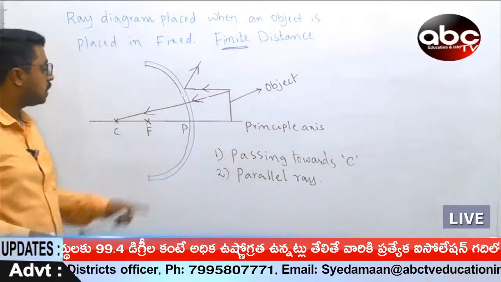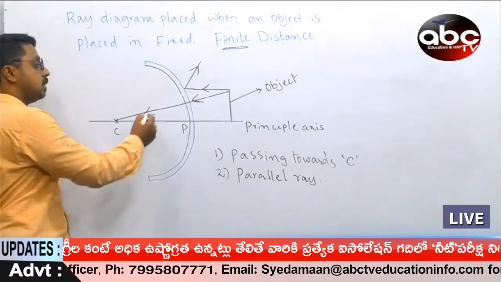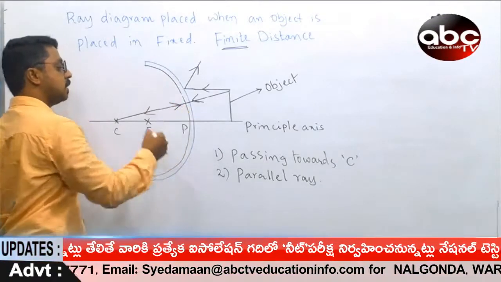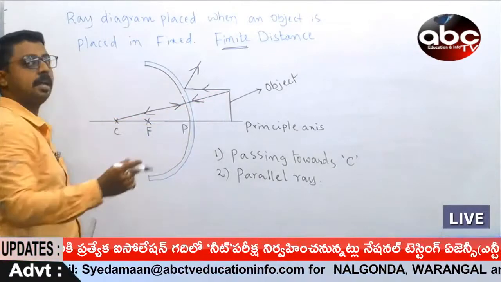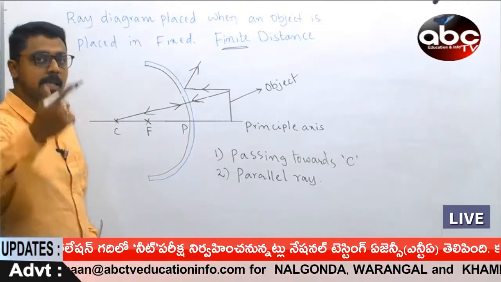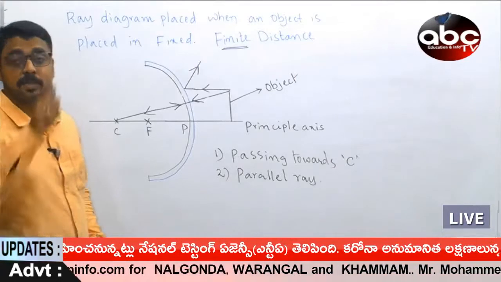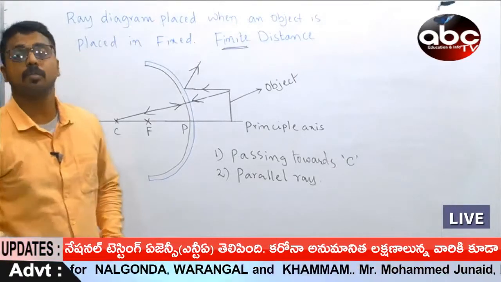As a result, we did not discuss this one: as an emergence, it goes in this manner itself, that is, the ray itself acts as an incident light ray and at the same time acts as a reflected light ray also, as we discussed in the rules of ray diagrams.